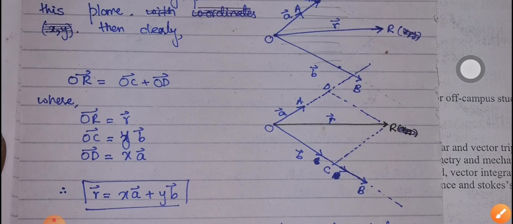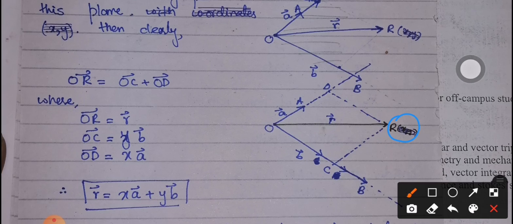Now for the question, we have to find an expression for the vector r which is lying in the plane. Let's suppose the point r is any point in this plane, and here is the position vector for this point, which is the vector r, and we want to construct an expression for r in terms of a and b.